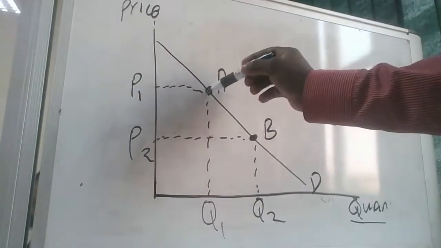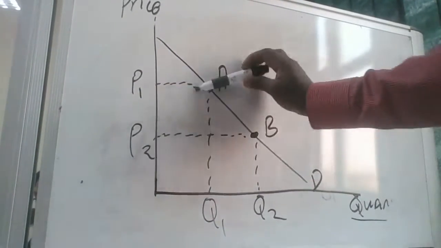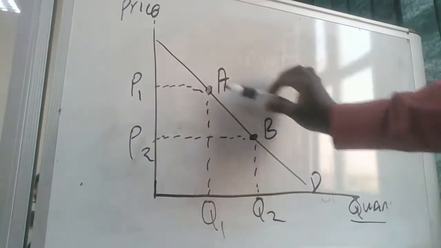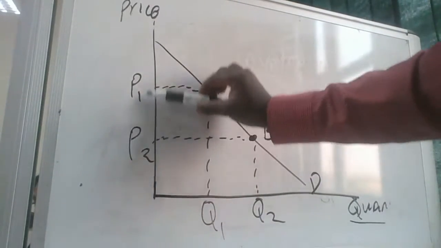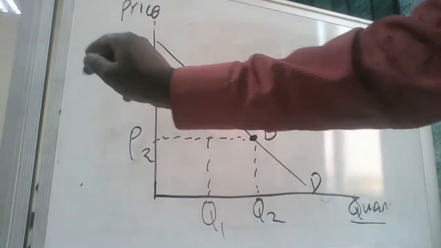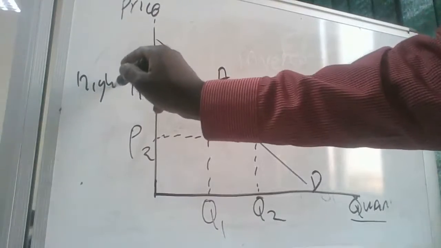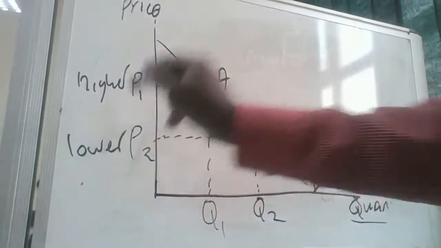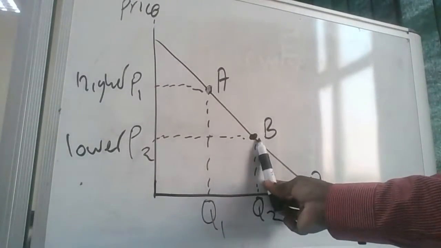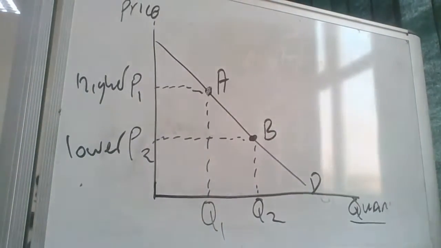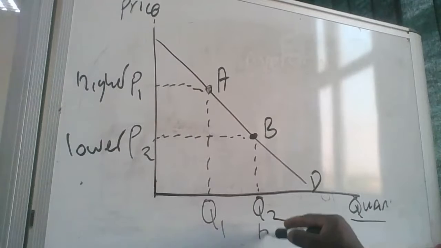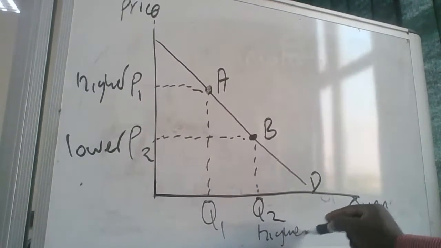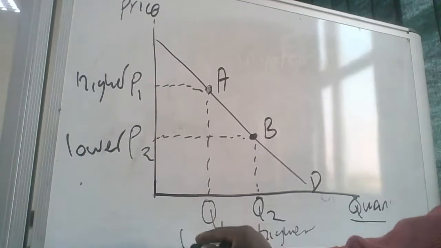When you are at point A, if you compare the price at A with the price at B, the price at A is higher. Then at B, it's lower. When you go to point B, comparing it with point A, the quantity is higher, while at A it is lower.